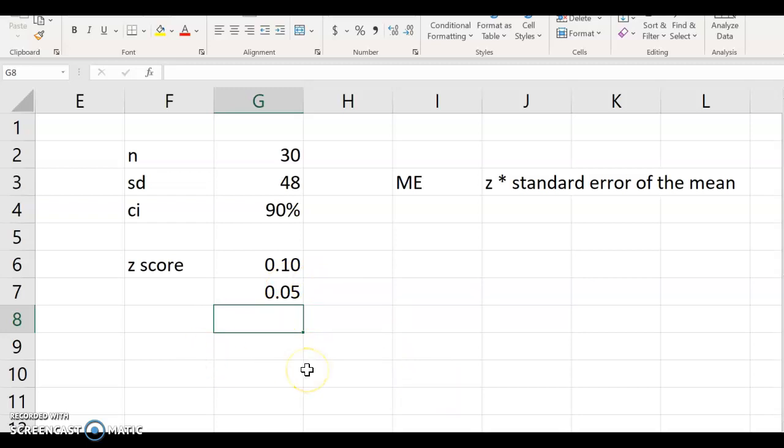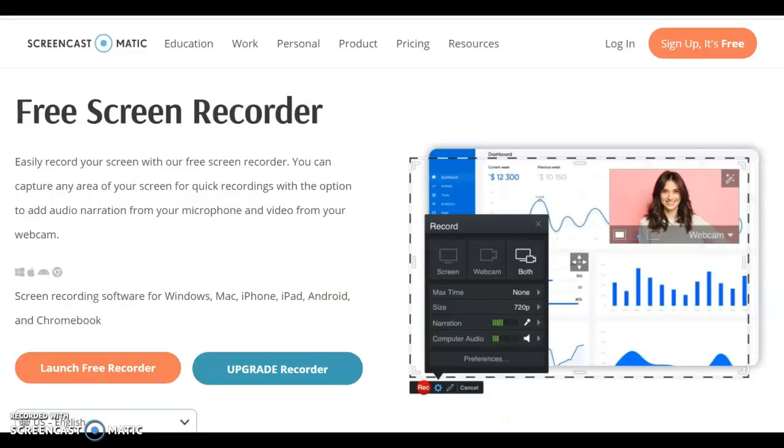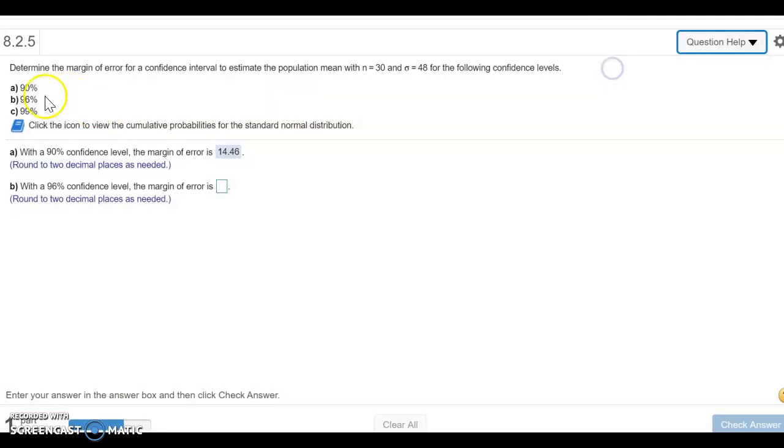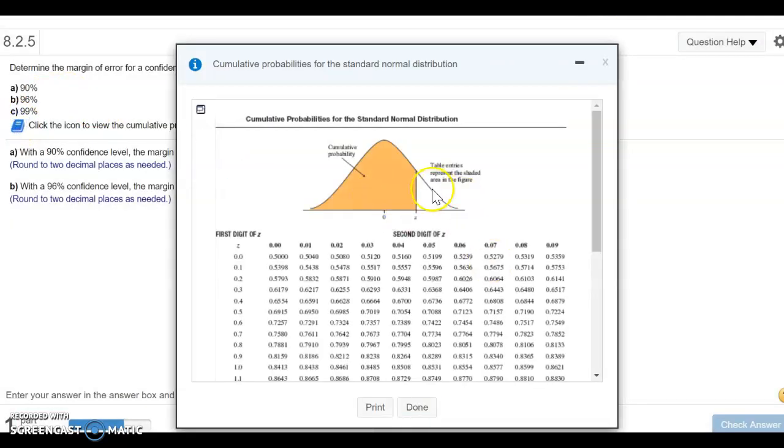So we want the z-score, so the total probability is 1, and we want the z-score all the way up to that. So we need to subtract out that upper tail. Okay, so a two-tailed test, the lower tail is going to be 0.05 and the upper tail is going to be 0.05. So let me just show you so that kind of makes a little more sense. When you look this up, so you want z right here up to that point.